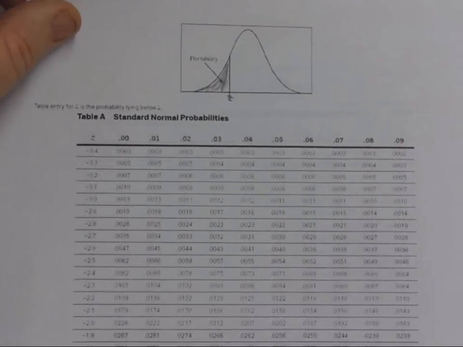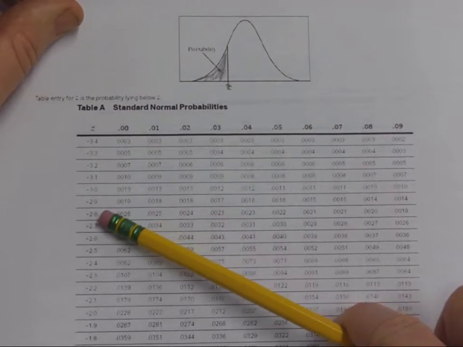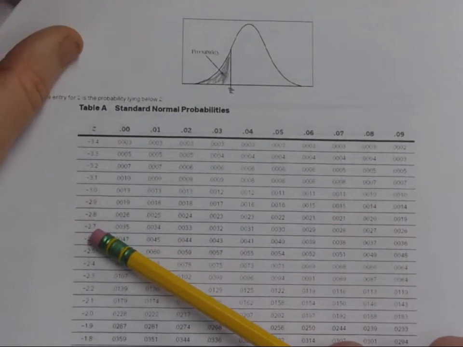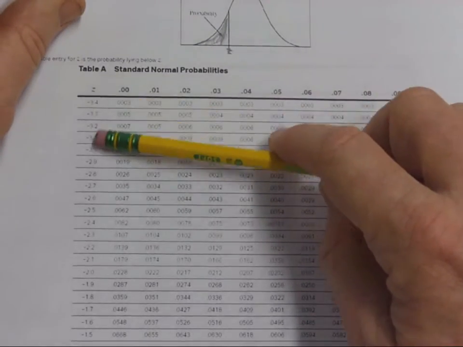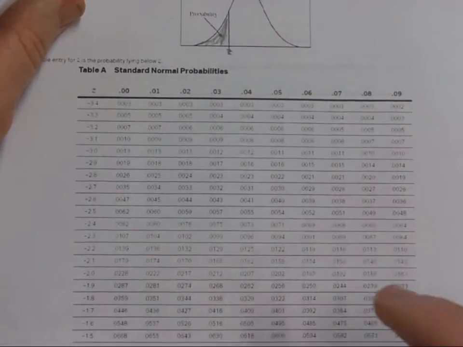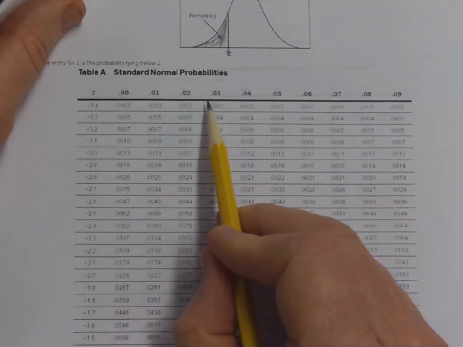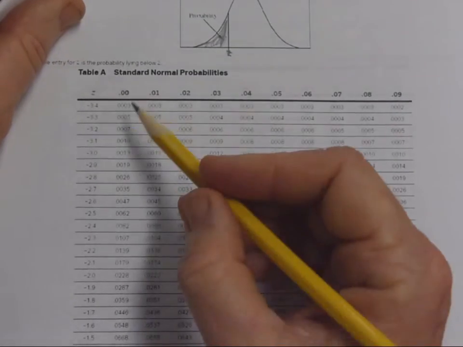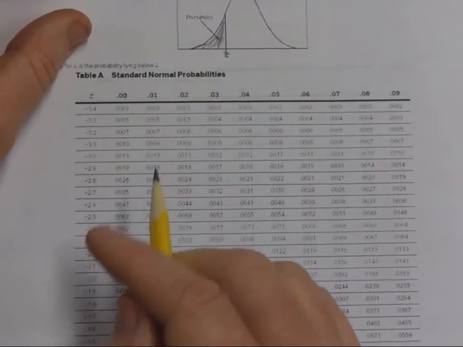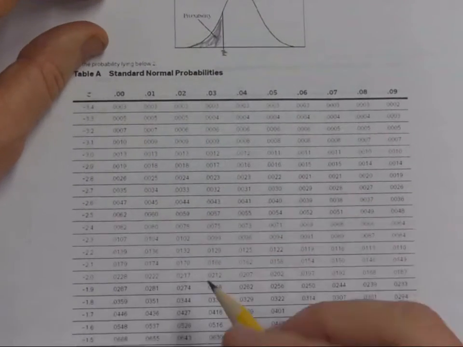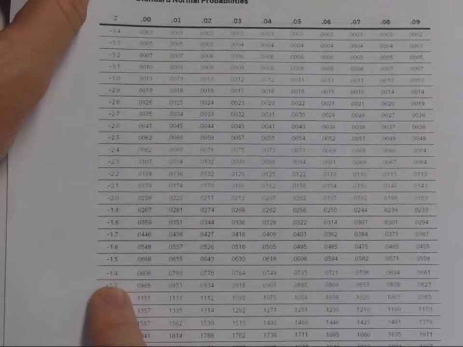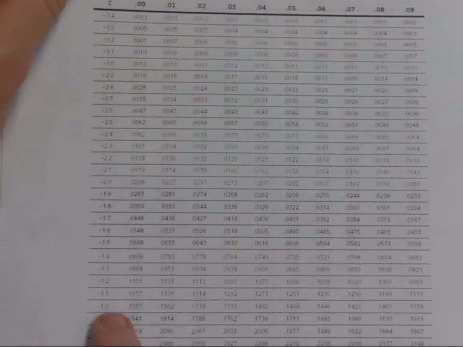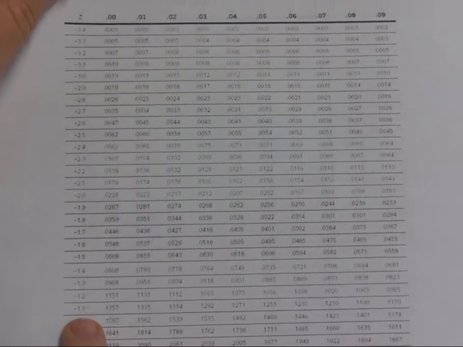And so what we would do is you notice these z-scores here that are on the left side, okay? And so notice on the left side, it has the ones place and the tenths place. And then on the top part, it has the hundredths place. So on this table, my value is negative 1.14 if I round it. So I'm going to go to negative 1.1, which is right there, okay?